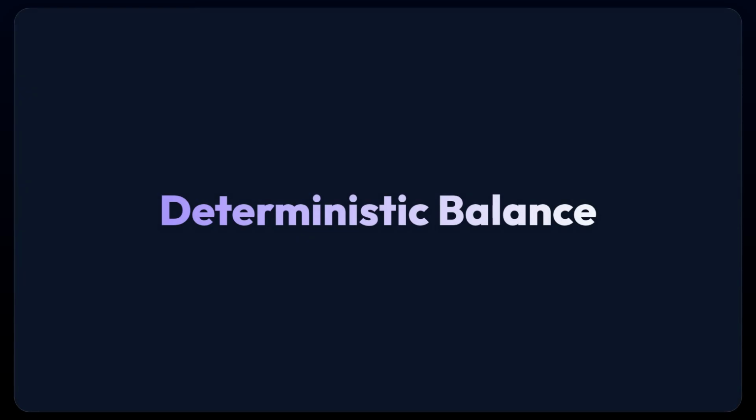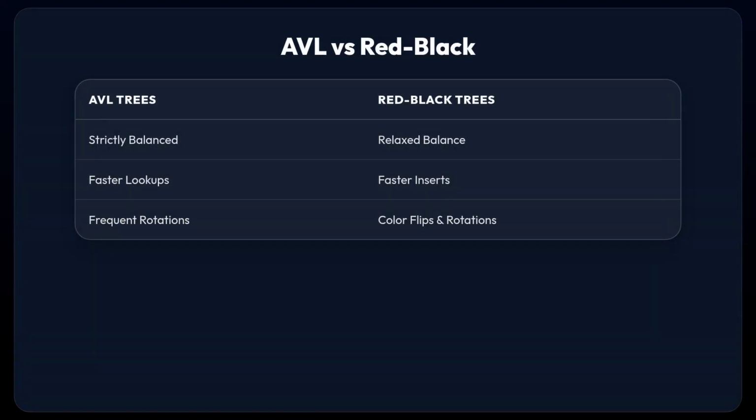To solve the problem of geometric degeneracy, computer scientists developed self-balancing trees. These structures enforce strict rules to ensure the tree never becomes a line. The two titans of self-balancing trees are AVL and red-black. AVL trees are strictly balanced.